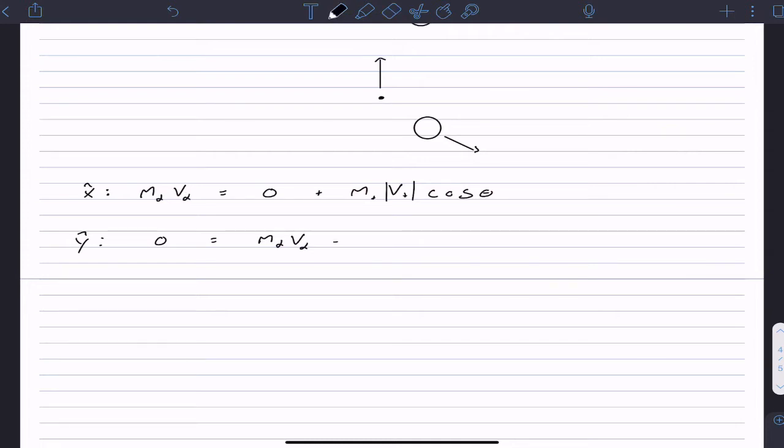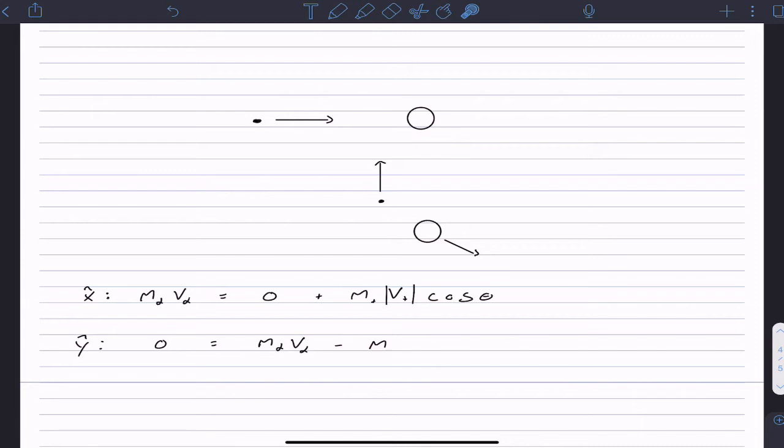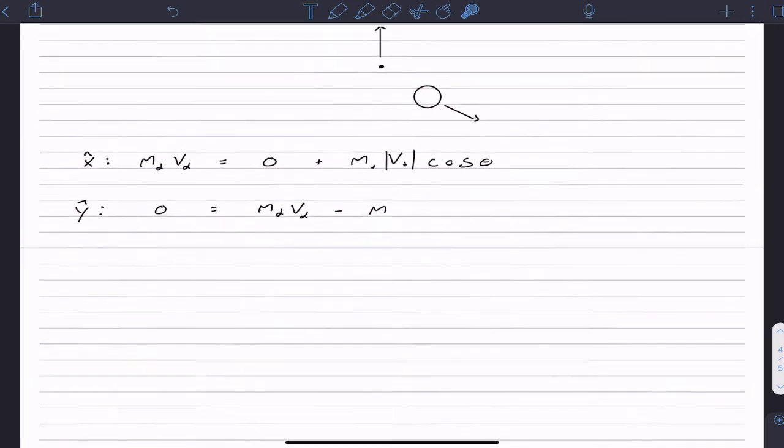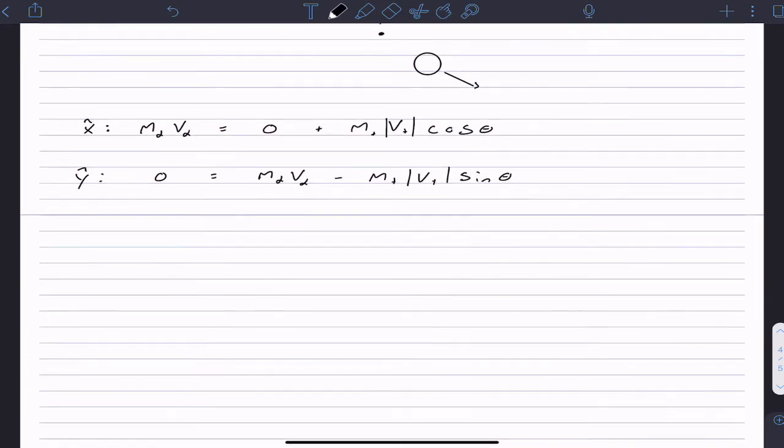I'm imagining that the nucleus goes the opposite direction. If the alpha slams in here and goes up, then the nucleus is going to come down by some angle. So that's going to be m of the nucleus times the speed times sine of the angle. So we can use this to solve for the angle.